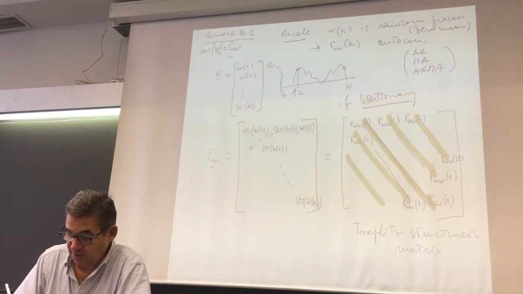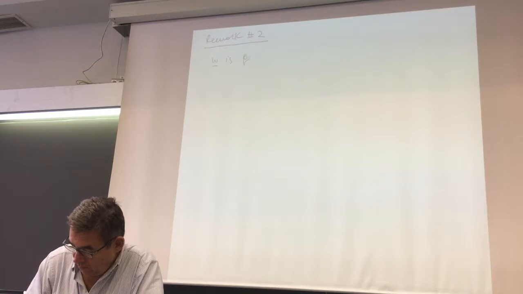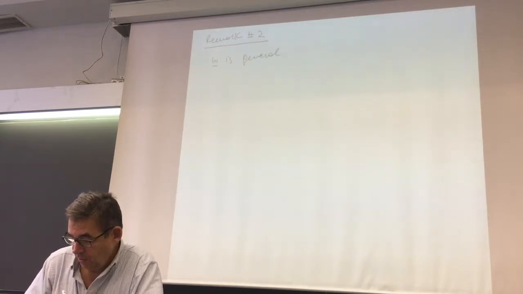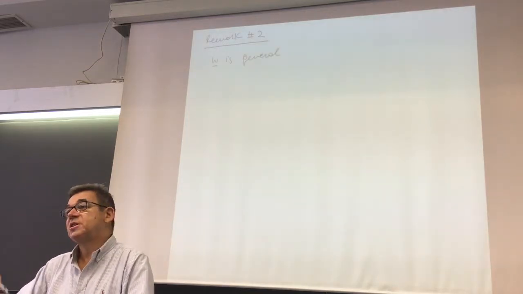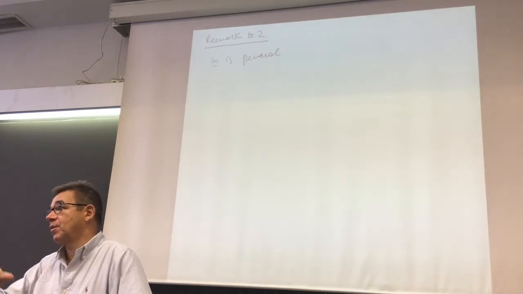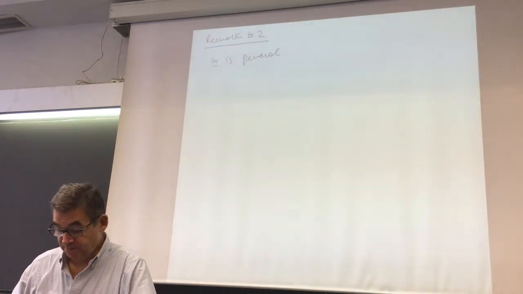It's not necessarily representing a stationary random process. W is general, not a set of samples coming from a stationary random process.